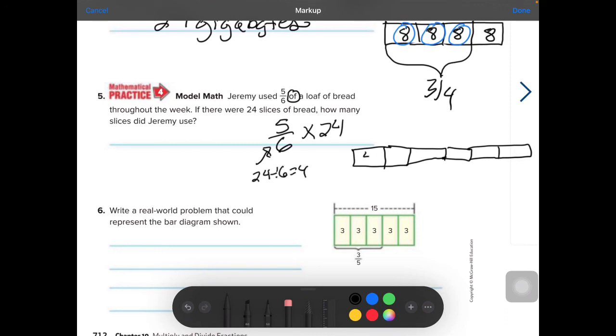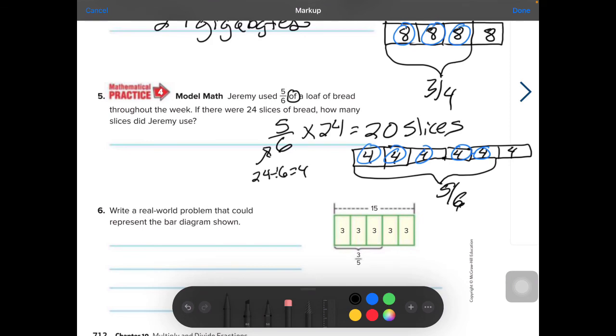So 24 divided by 6 equals 4. So there's 4 in each of these. And we need to know 5/6, which means we're adding this one, this one, this one, this one, and this one. So 1, 2, 3, 4, 5. 5 times 4 is 20. So the answer is 20 slices.